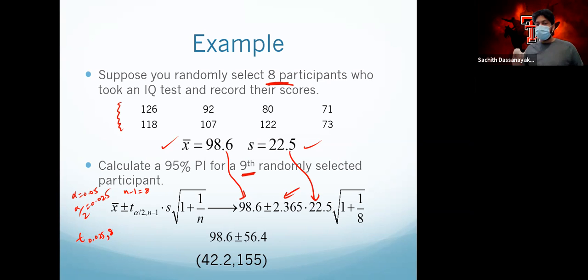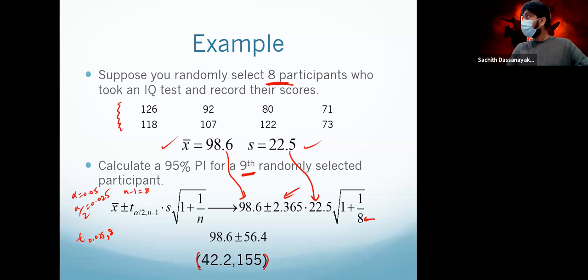Okay, so simplify it. Remember this one, it is n. Please do not include the new observation. It is just what we have already. So this is the 95% prediction interval for x_{n+1}, the ninth observation.